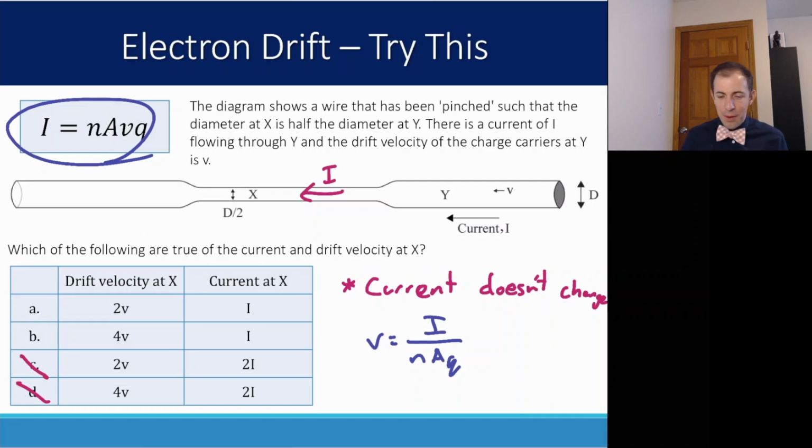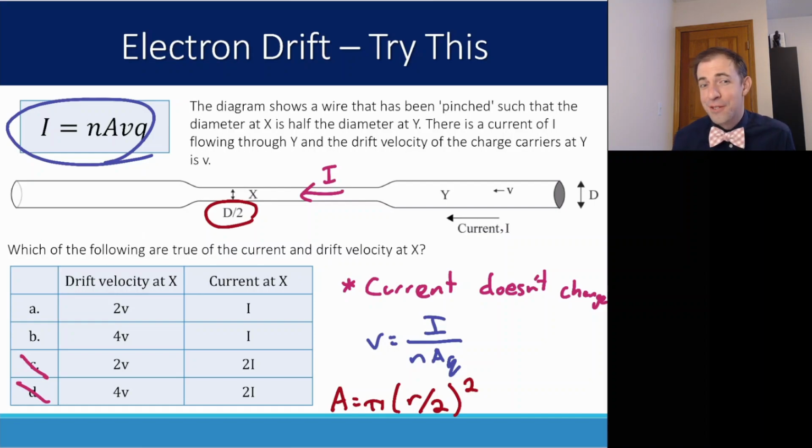And we now know that the radius is going to track with the diameter. Diameter is half, which means that the radius is R divided by 2. And if we think of my equation for area as just pi times R over 2 squared, that the radius is squared, that means that my area ends up being the area that it was before divided by 4.